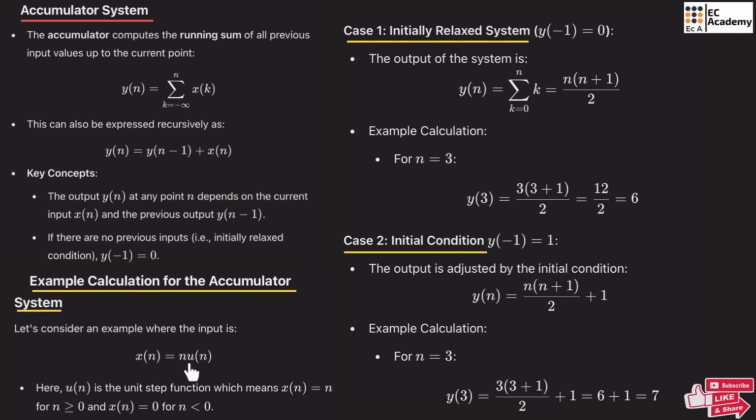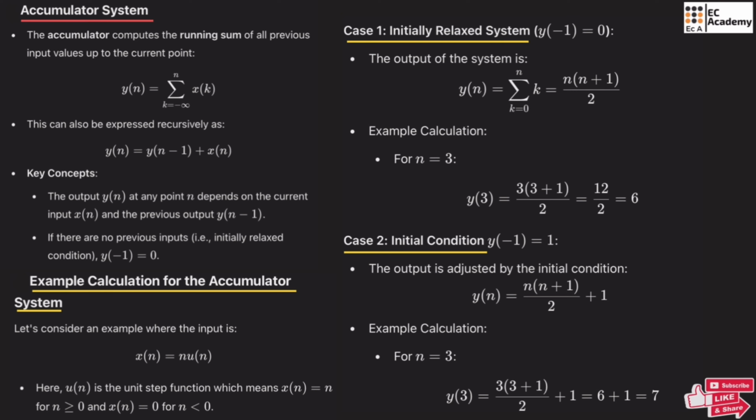For n value less than 0, x of n will be equal to 0. So here for this input sequence, the output sequence is represented as y of n is equal to summation of k is equal to 0 to n k. So that will be equal to n into n plus 1 divided by 2. So here this is the output sequence and this is the input sequence.